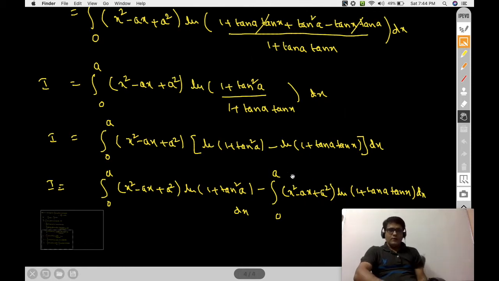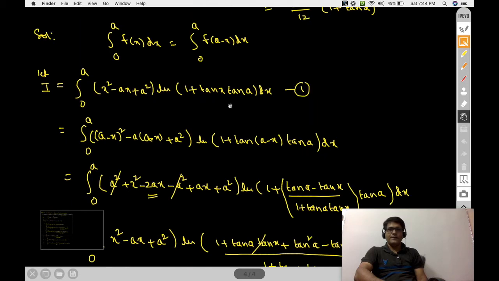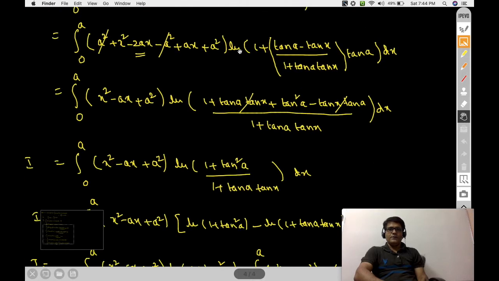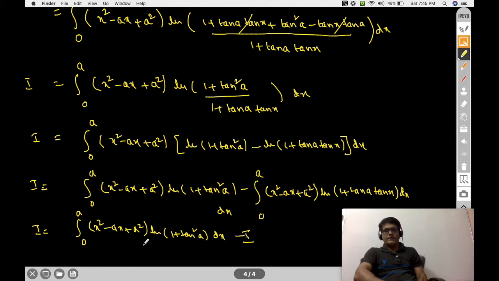So what is the question? Integration of 0 to a x square minus ax plus a square into ln of 1 plus tan a tan x, that is only the I. So now I is equal to integration of 0 to a x square minus ax plus a square times ln of 1 plus tan square a dx minus I. Now take this I to this side.